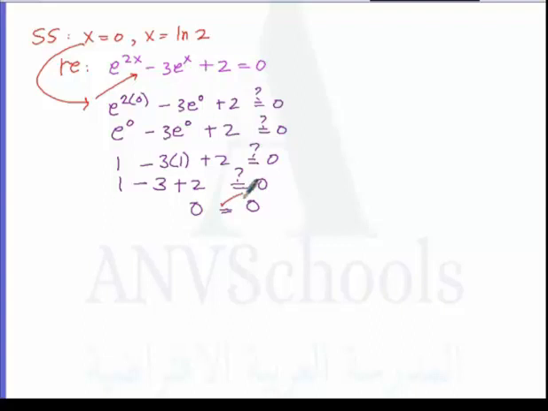So now we have proven that the solution x is equal to 0 is valid for the given equation. So therefore, x is equal to 0 is a solution. Now checking is required, because sometimes you get some values of x which are not actually applicable as a solution for the given equation.